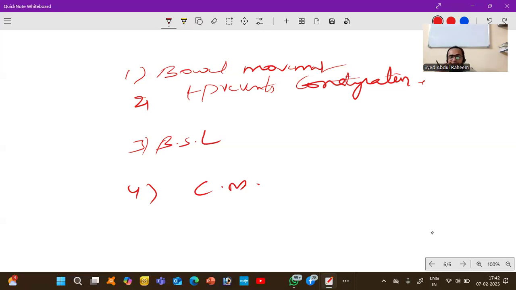Soluble fiber can help lower total blood cholesterol levels by lowering low density lipoprotein, or bad cholesterol level. So here LDL will decrease, HDL will increase. High density lipoprotein is very good for health.